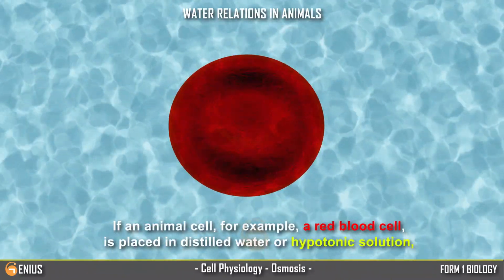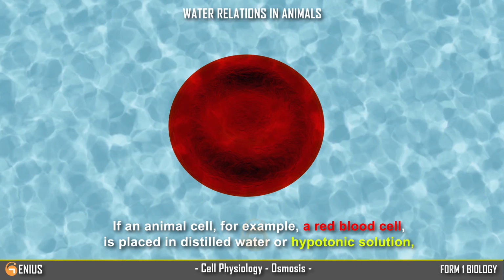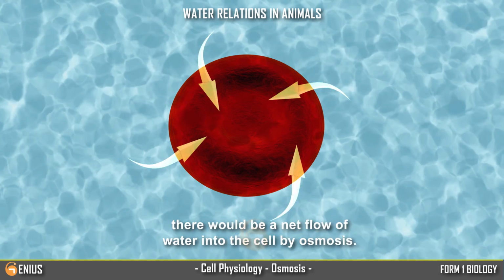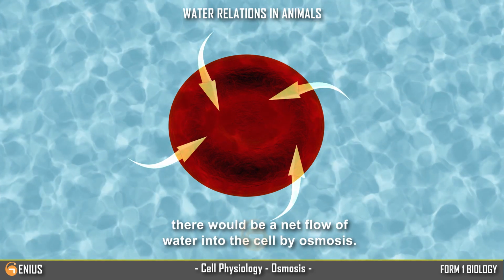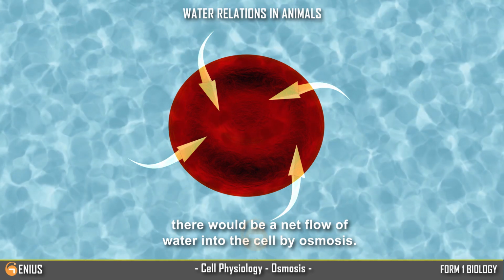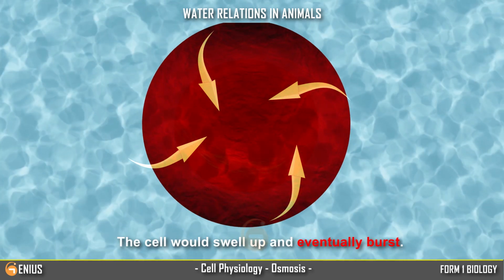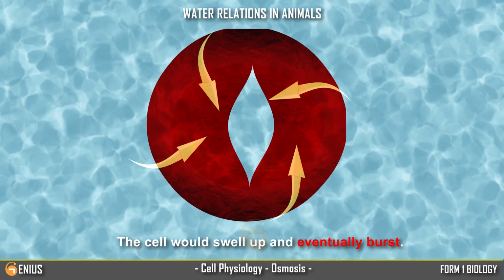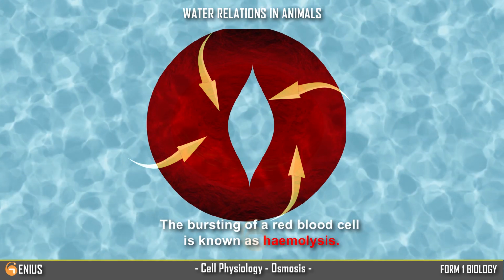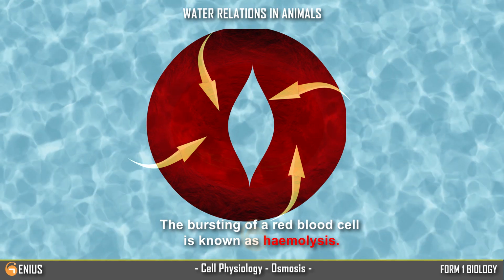If an animal cell, for example, a red blood cell, is placed in distilled water or hypotonic solution, there would be a net flow of water into the cell by osmosis. The cell would swell up and eventually burst. The bursting of a red blood cell is known as haemolysis.